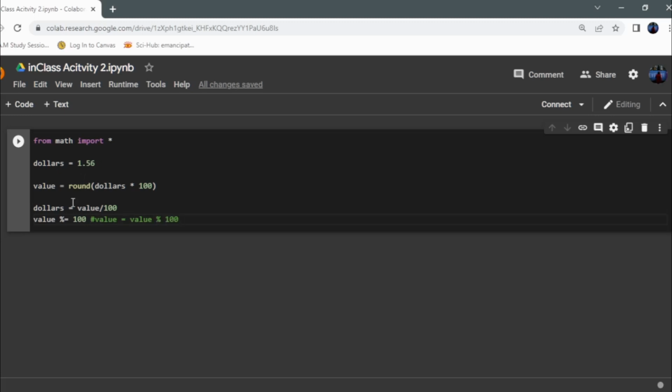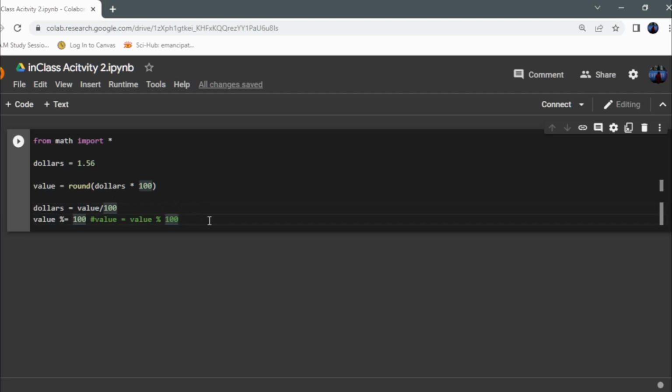It's just taking back the dollars value round here. So this is the new value of the value here. So the value modulo equals to the modulo of value of 100 goes back, and it's the new value.